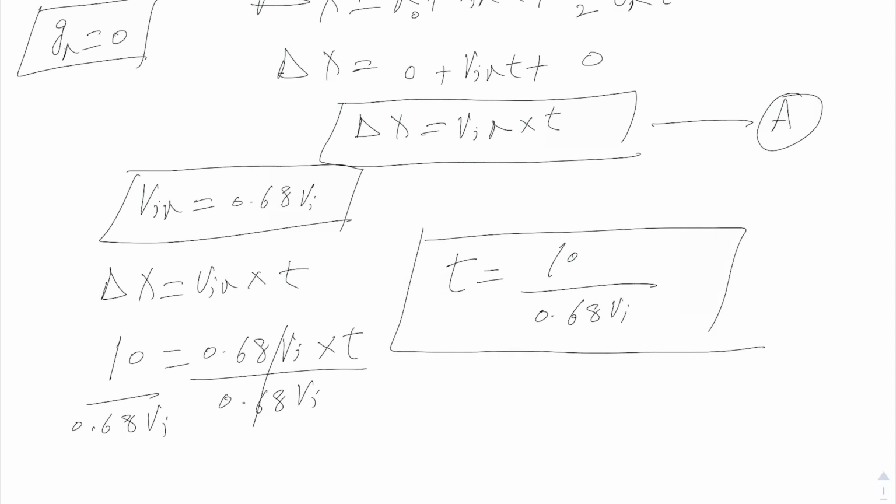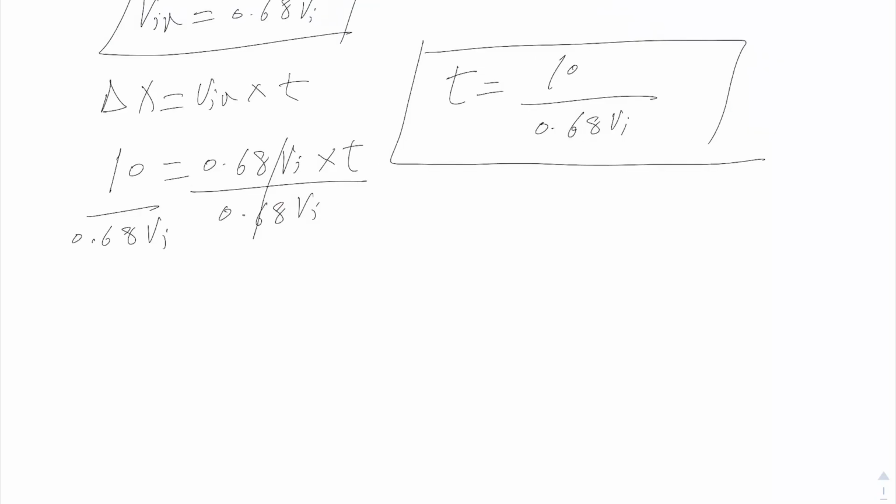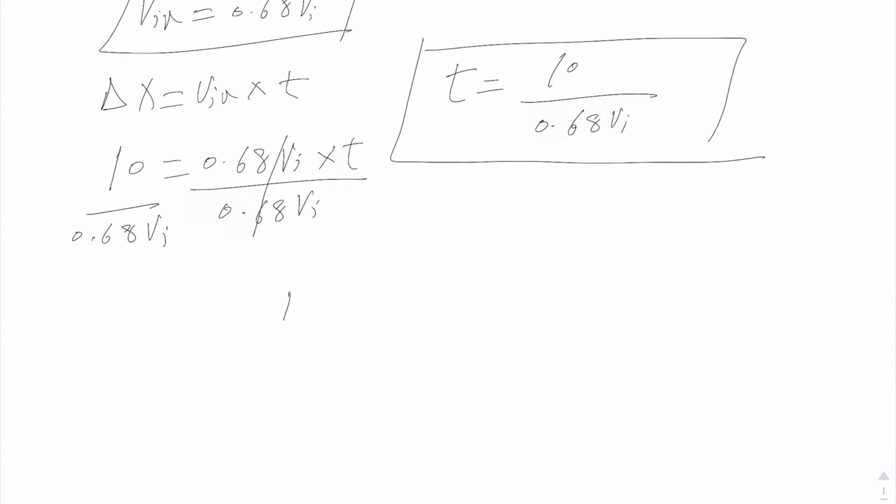But we cannot calculate the time as long as we haven't calculated the initial velocity. First of all, we'll calculate the initial velocity by plugging this value of t into another kinematic equation in the y direction: y naught plus the y component of the initial velocity times t plus 1/2 the acceleration due to gravity in the y direction, t squared.